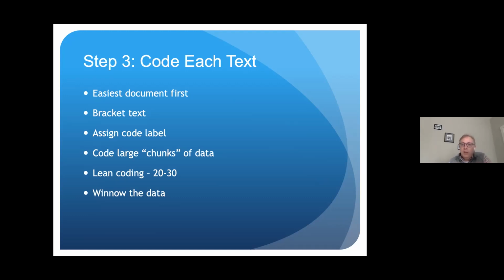The other point I want to make, and this is a common trap to fall into, is whether you could apply multiple codes to the same segment of text. I would suggest that you do that in limited capacities.